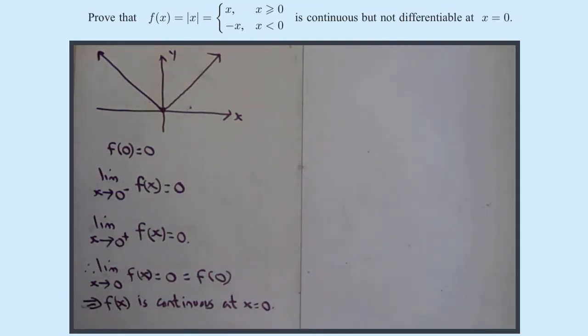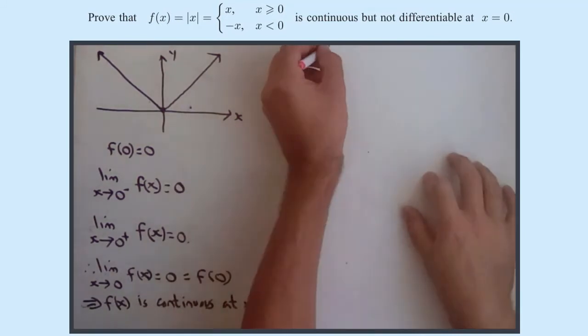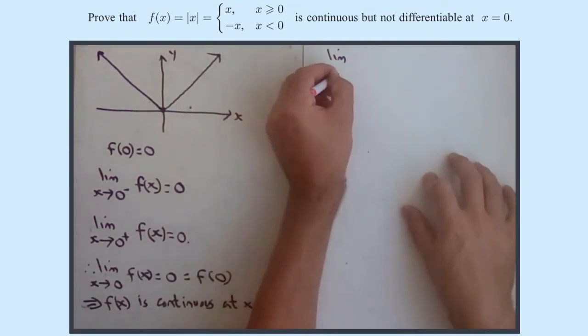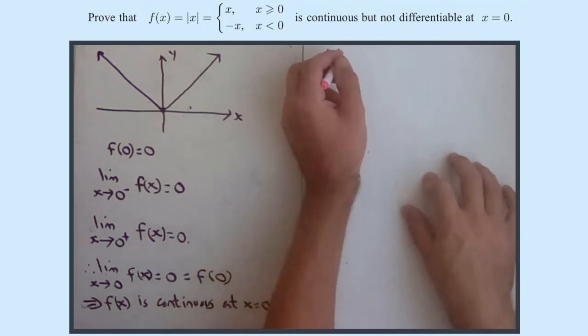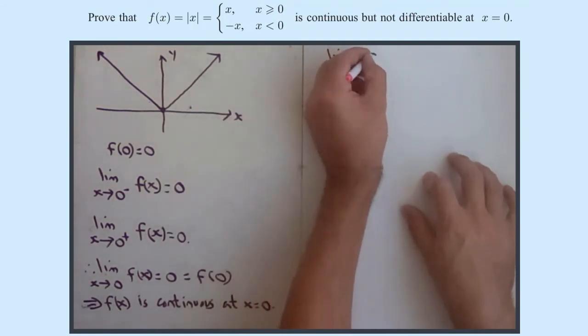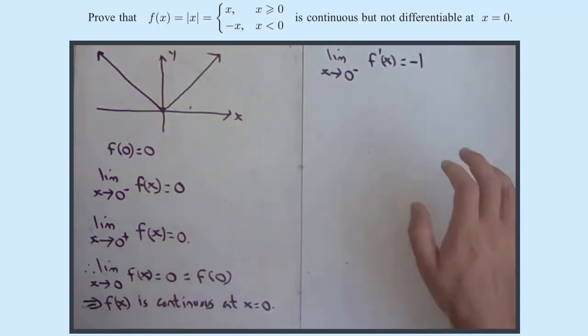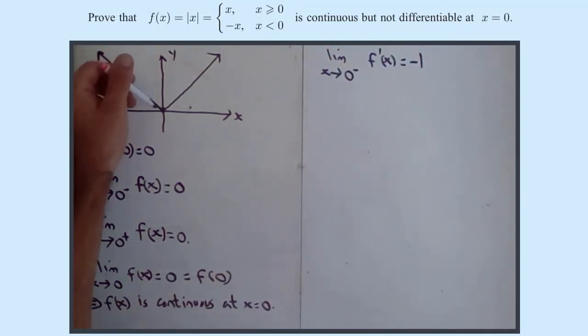So what that is telling us is that as we approach 0 from the left hand side, f dashed x approaches minus 1. So the limit as x approaches 0 from the left hand side of f dashed x is minus 1.